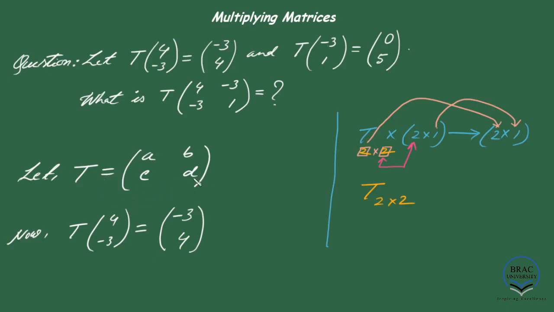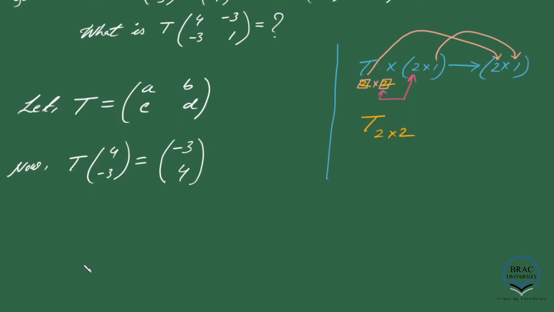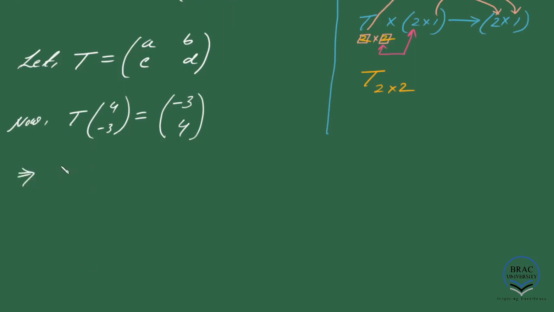We can replace this matrix for T. So let's do that. In place of T, I'm going to write A, B, C, D with these entries. T is constructed, and then we have this column vector with entries 4, -3 that produces another column vector with entries -3 and 4.